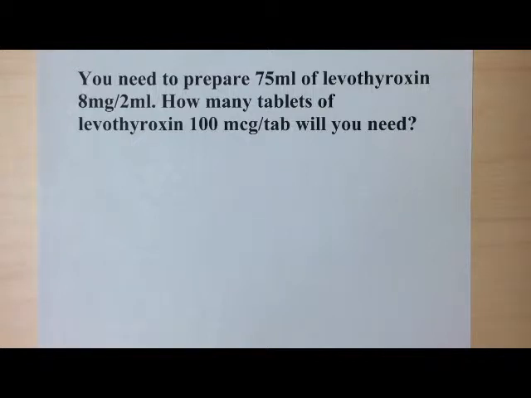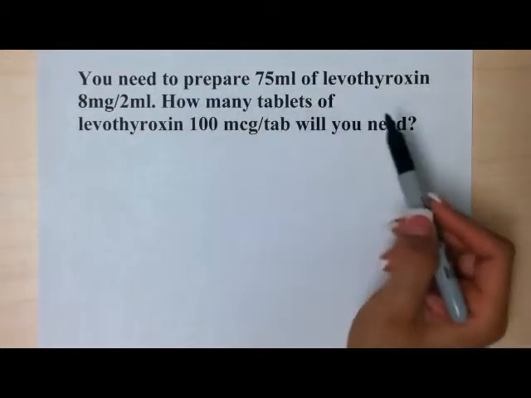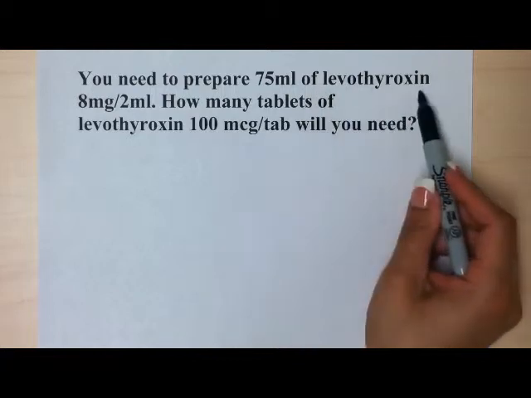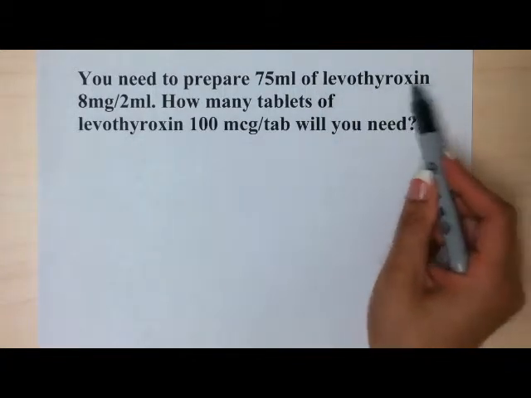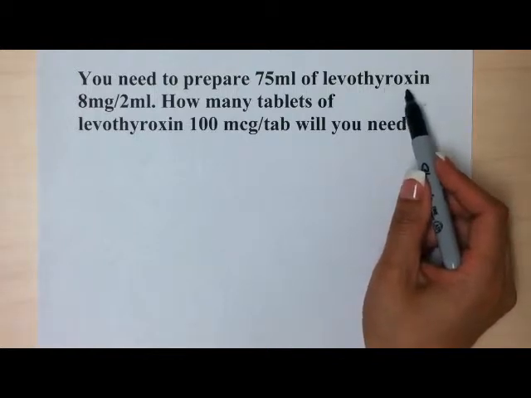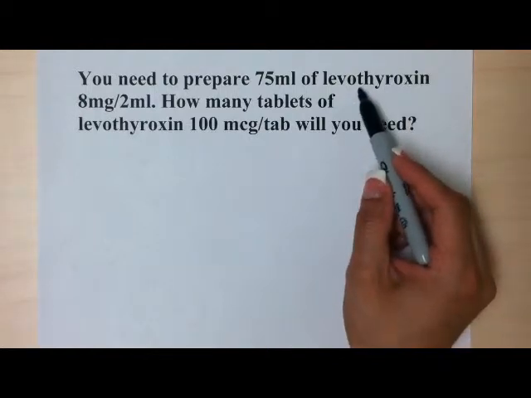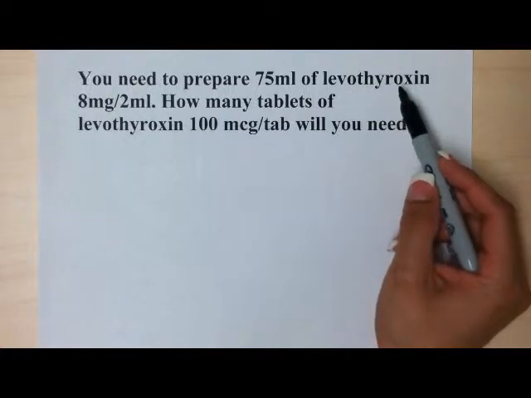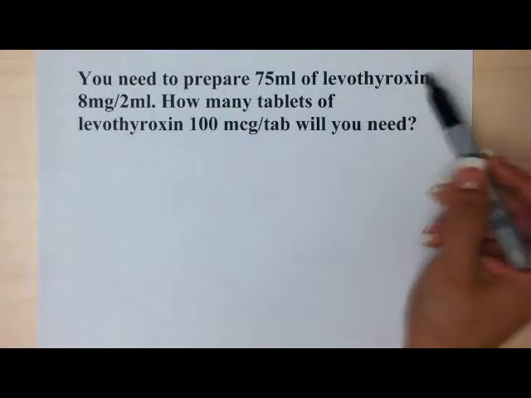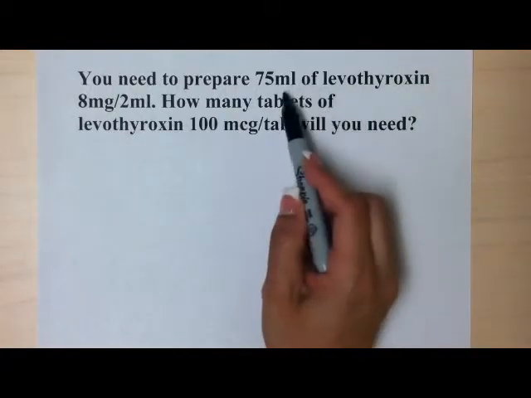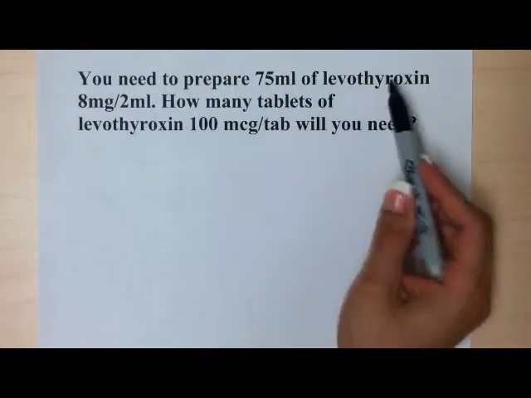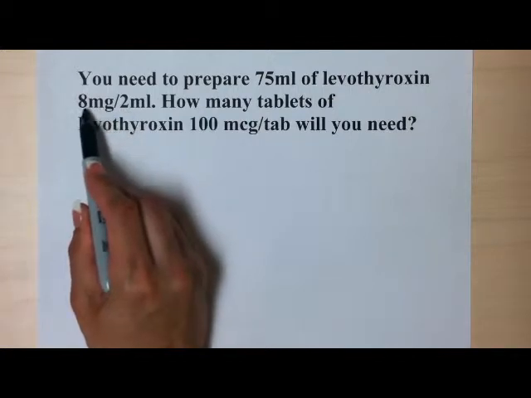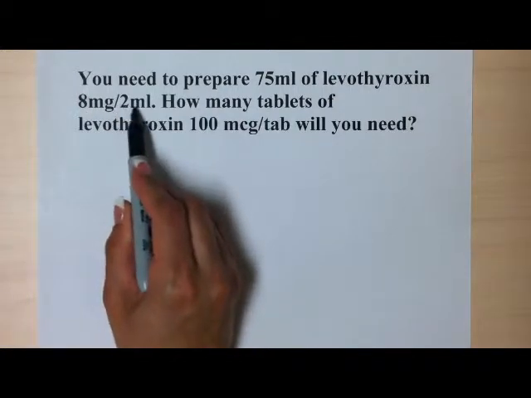So let's take a look at this problem. We need to prepare 75 mLs of levothyroxine. Levothyroxine we know is a generic name for Synthroid or Levothroid. It's used for hypothyroidism, so if you have a low acting thyroid. And we're making the suspension, it's 75 mLs, the total volume we're making, and the concentration is 8 milligrams / 2 mLs.